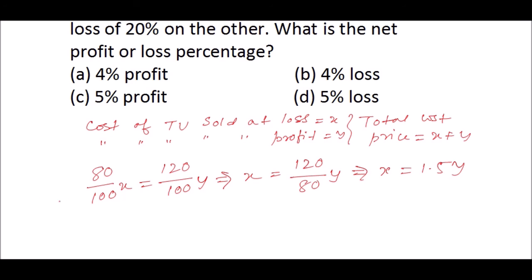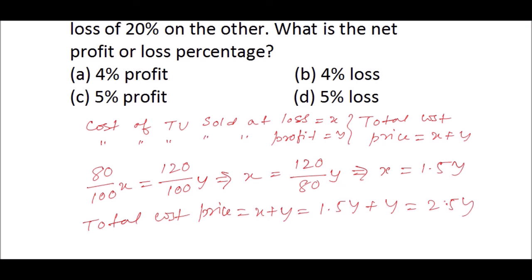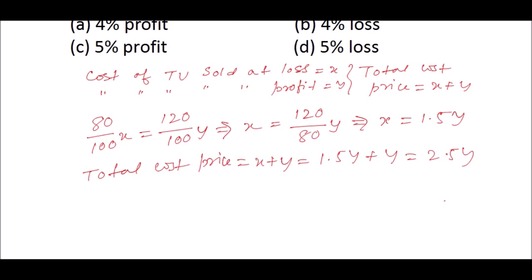Now, therefore, total cost price is equal to X plus Y, and that X we know is 1.5Y, plus Y is equal to 2.5Y. Now, we'll find the total selling price.